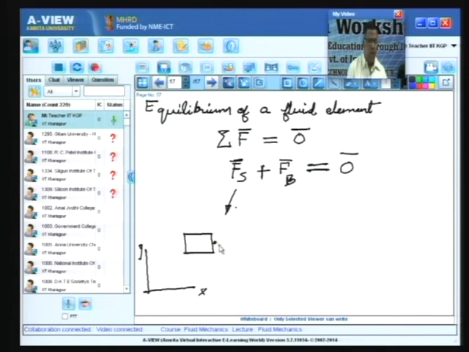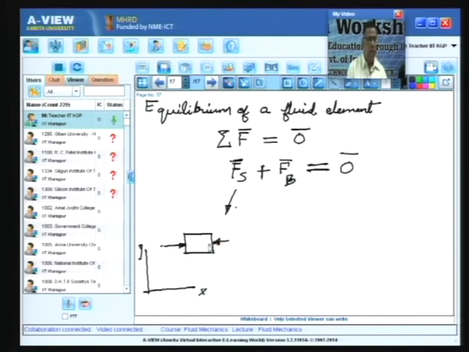Fluid is at rest. So, we know that the force on the surface is due to pressure, which is compressive in nature. So, this will point this way and this will point this way. Now, these two magnitudes need not be the same in general.